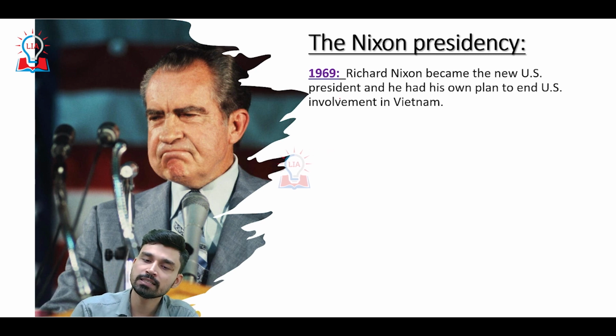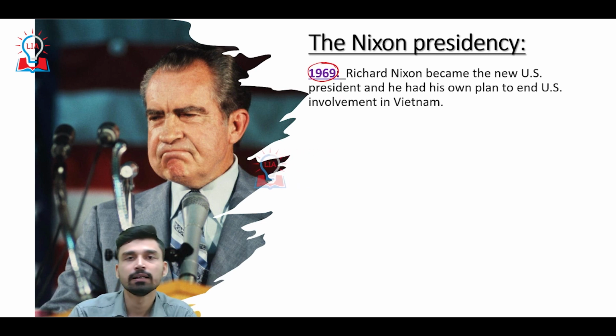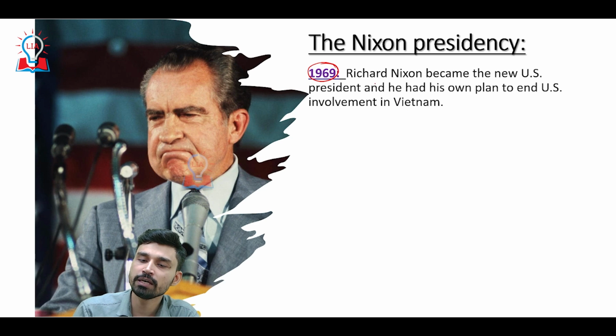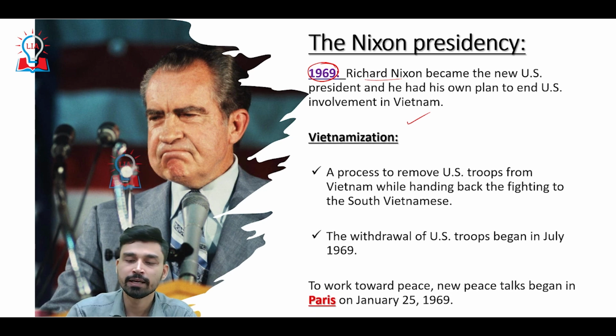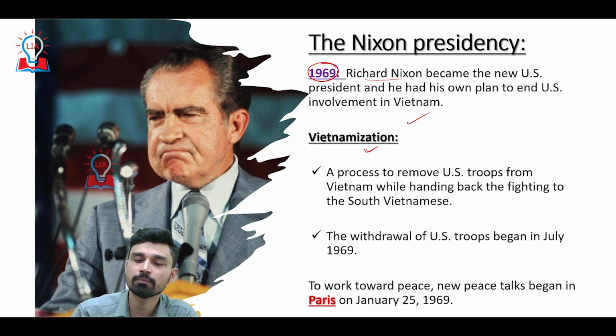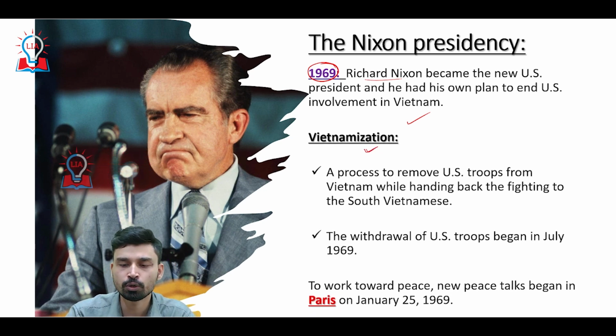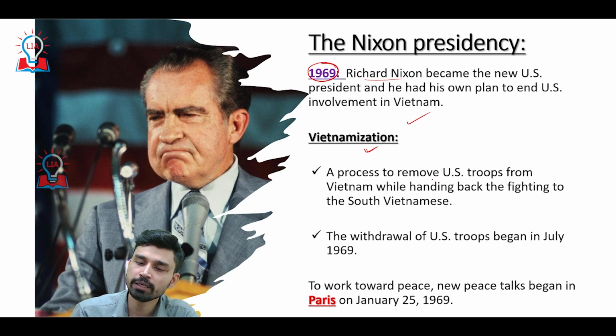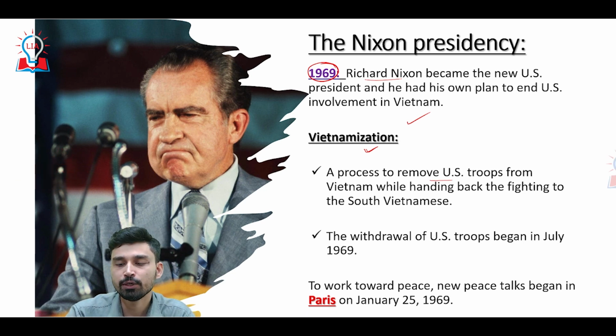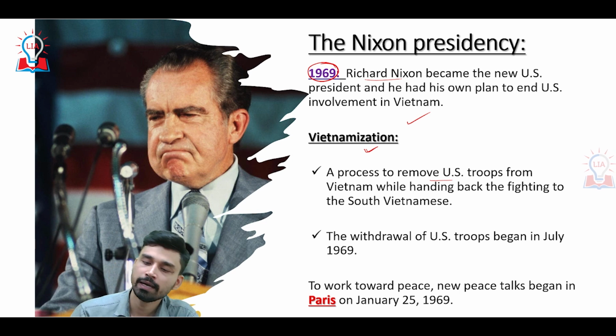However, in the next year, 1969, there was a change of guard in the US government, when Richard Nixon became the new US president, and he had his own plan to end the US involvement in Vietnam. His plan is what he referred to as Vietnamization, which basically ensured that during his term, US troops would be removed from Vietnam and the fighting handed back to the South Vietnamese.